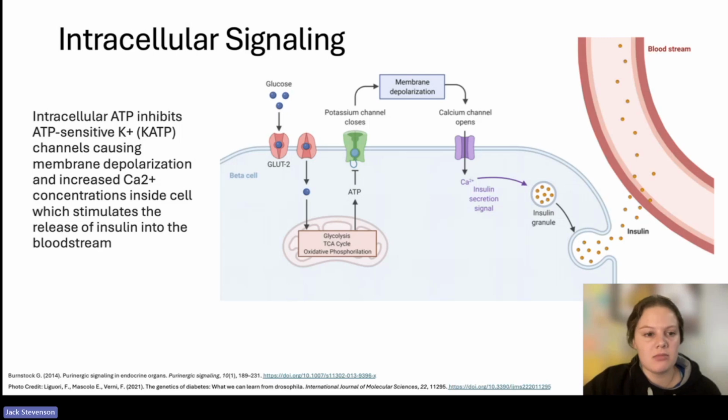And then membrane depolarization occurs, which causes these calcium channels to open. And again, calcium will rush into the cell and cause these insulin-containing vesicles to begin to move towards the membrane so that insulin can be released into the bloodstream via exocytosis and regulate your blood sugar levels.